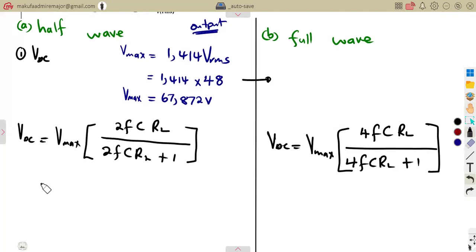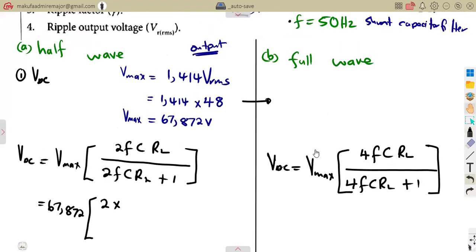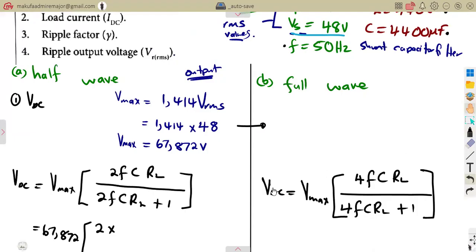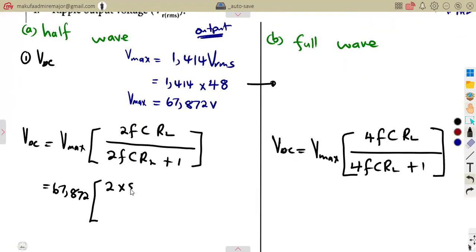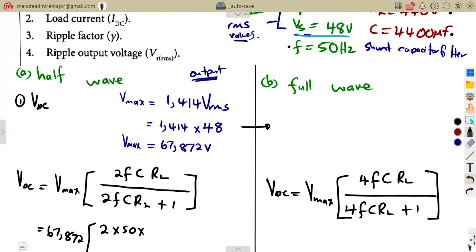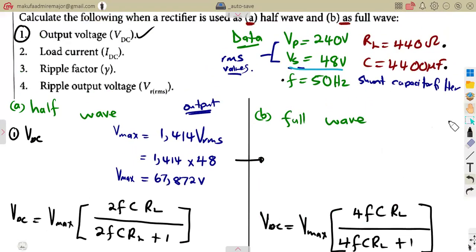You're going to substitute in this case the maximum voltage we obtained, that's our maximum voltage, 67.872. Then the frequency, everything is there. So 2 times the frequency. Remember, our frequency is given as 50, that is, 50 hertz, and our capacitor has a value of 4,400 microfarad.